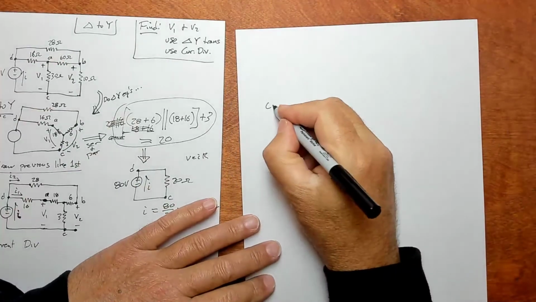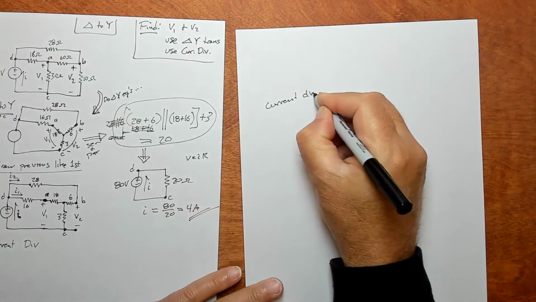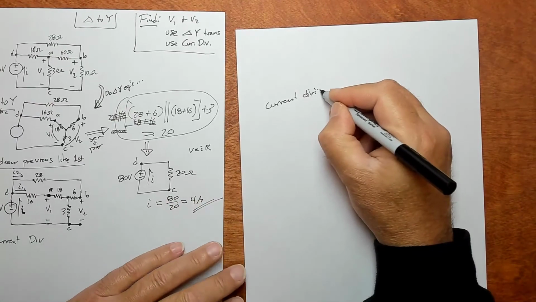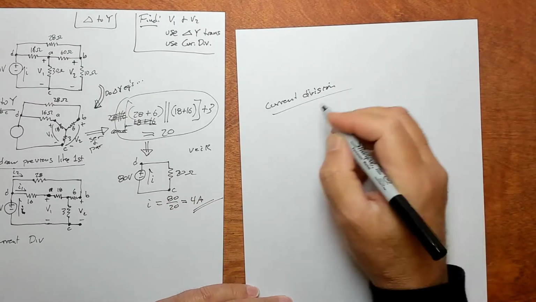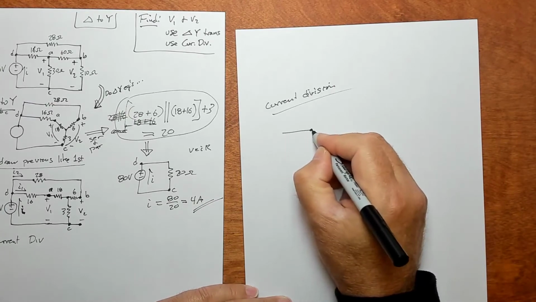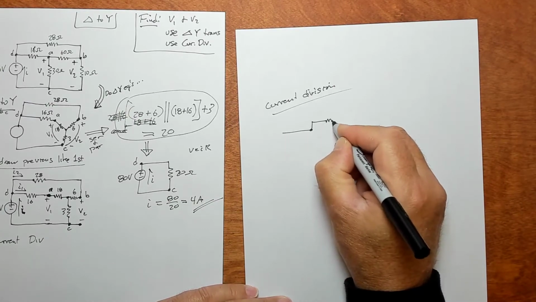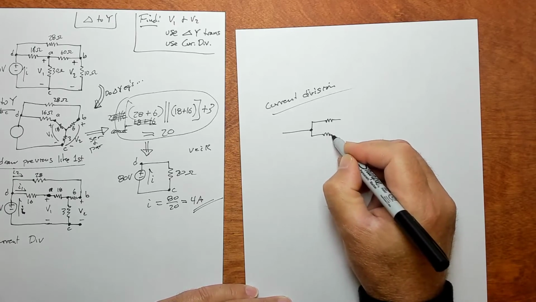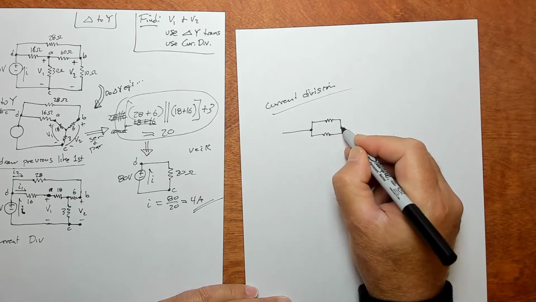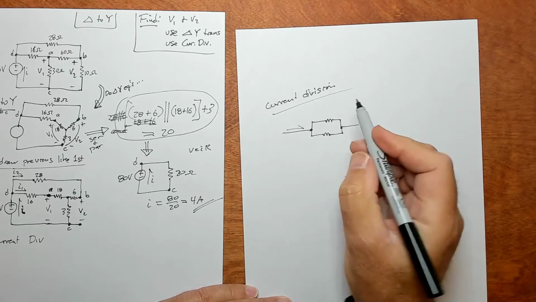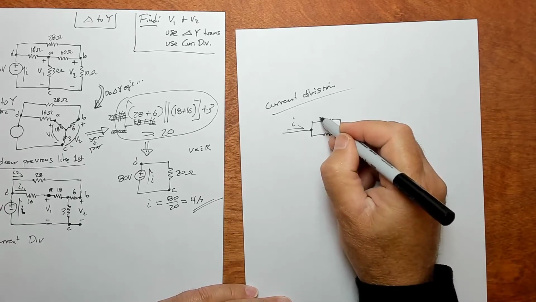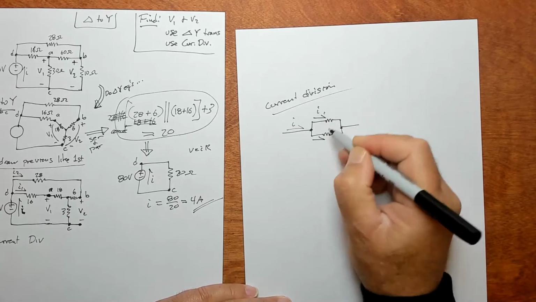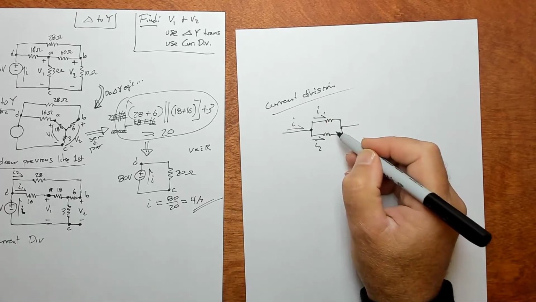Normally, with current division, you've got a current I coming into this thing. Some's going to go this way and some's going to go that way, I1 and I2, right?